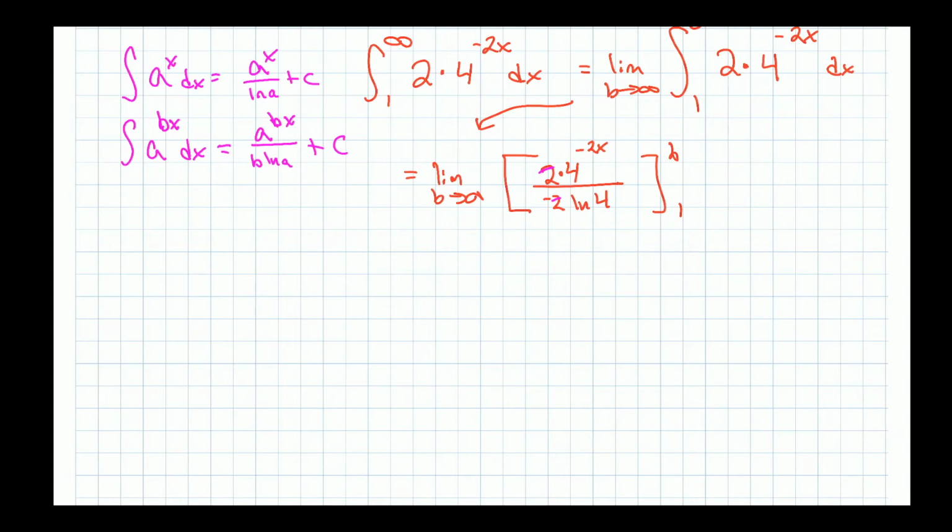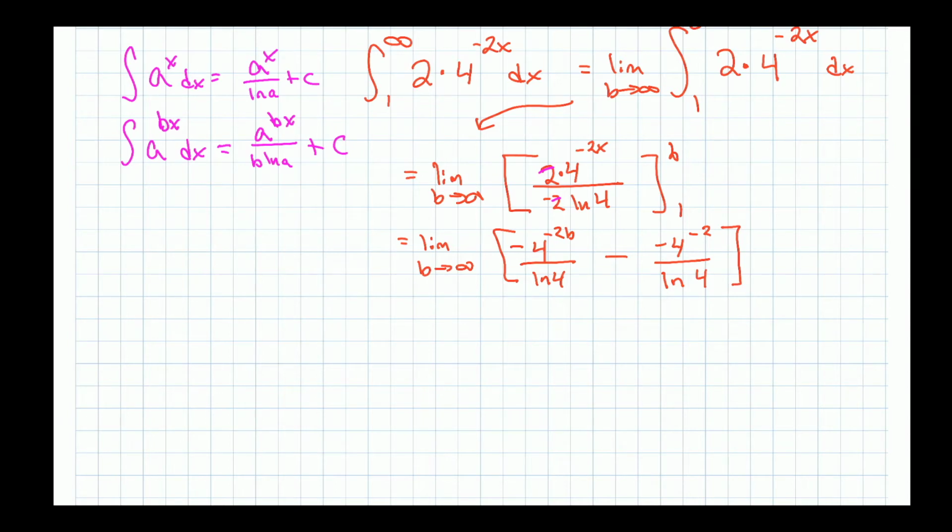So we keep going. I've got a limit as b goes to infinity of negative 4 to the negative 2b over ln 4 minus, I put in a 1, negative 4 to the negative 2 times 1 over ln 4.